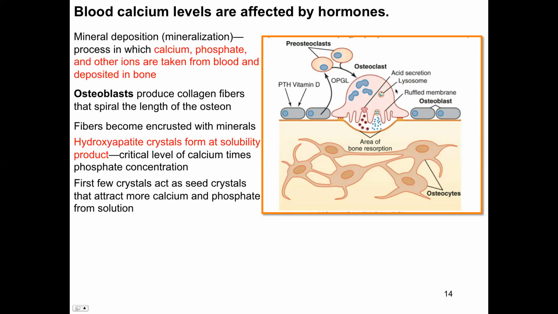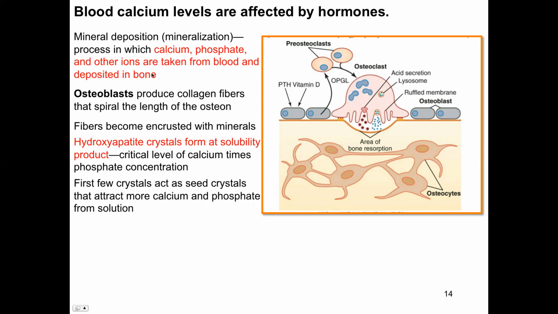All right, so mineral deposition. What does that mean? Mineral deposition, or mineralization, right? Remember, it's those osteoblasts. You're going to lay down your organic component, which is your polymer, so collagen, and your mineralized part, or your ceramic. So you've got your calcium phosphate and other ions.